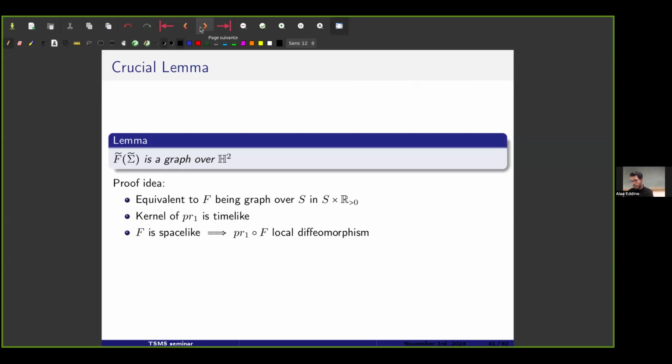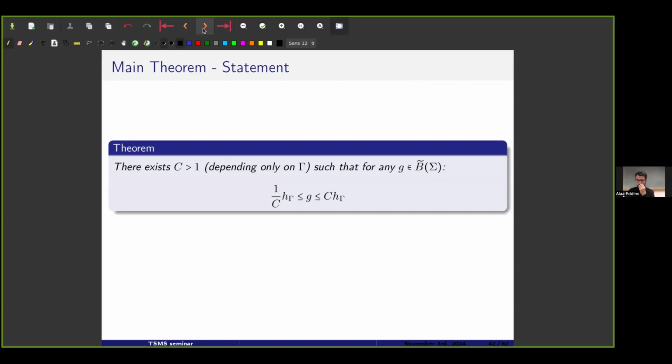And by compactness and connectedness, this will be a covering map. And since we are in higher genus, this will be a diffeomorphism. And this implies that our embedding is a graph over S, and by equivariance, it will be a graph over H2.